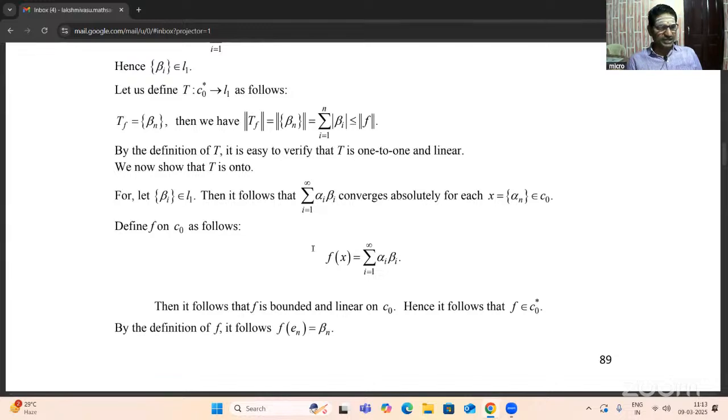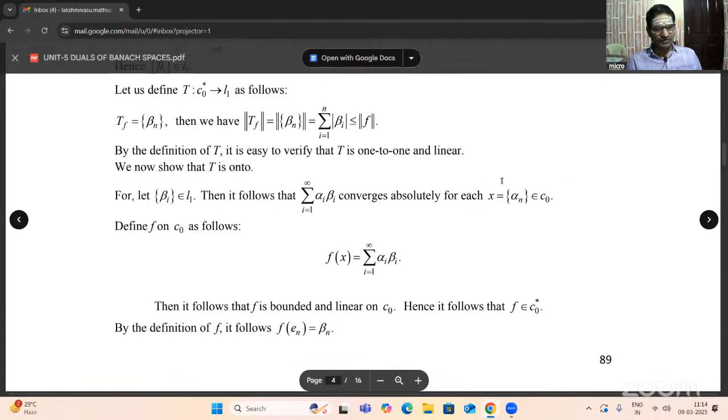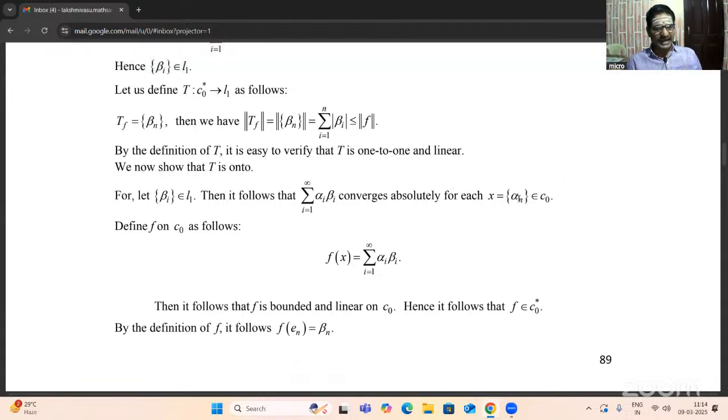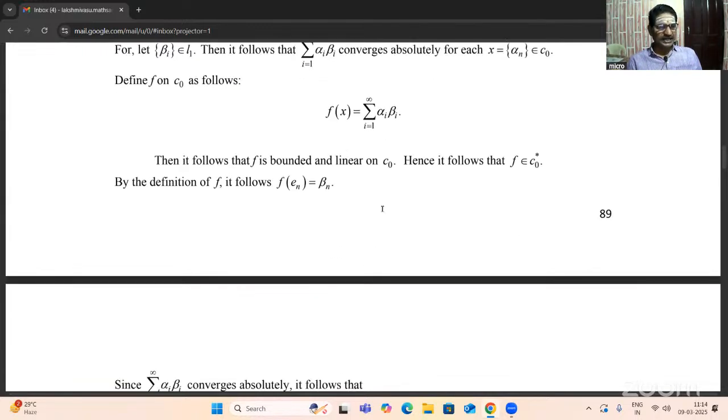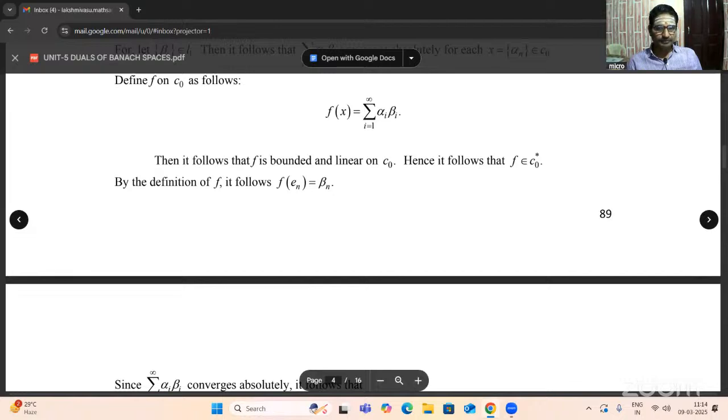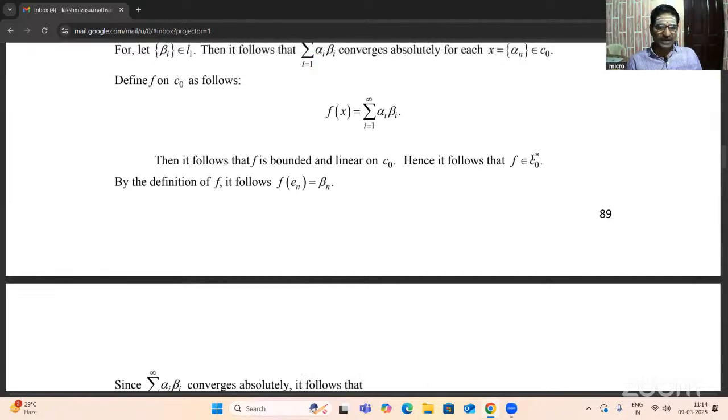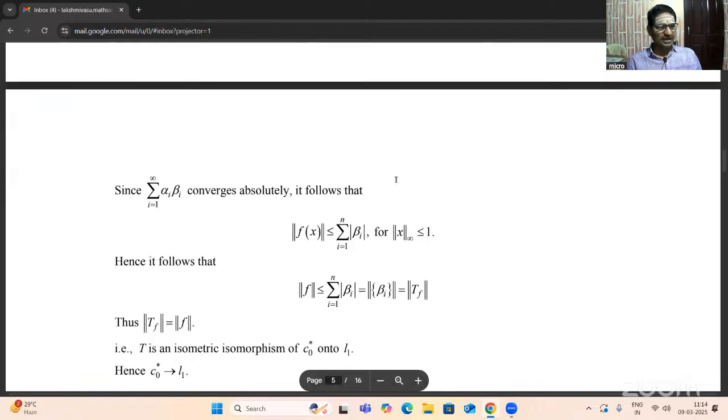Applying the absoluteness of convergence, we write f of x equals the summation of alpha i and beta i. So the given function is bounded and linear on C0. Hence it follows that the linear functional f in the dual of C0 satisfies f of en equals beta n. So that is the onto part.